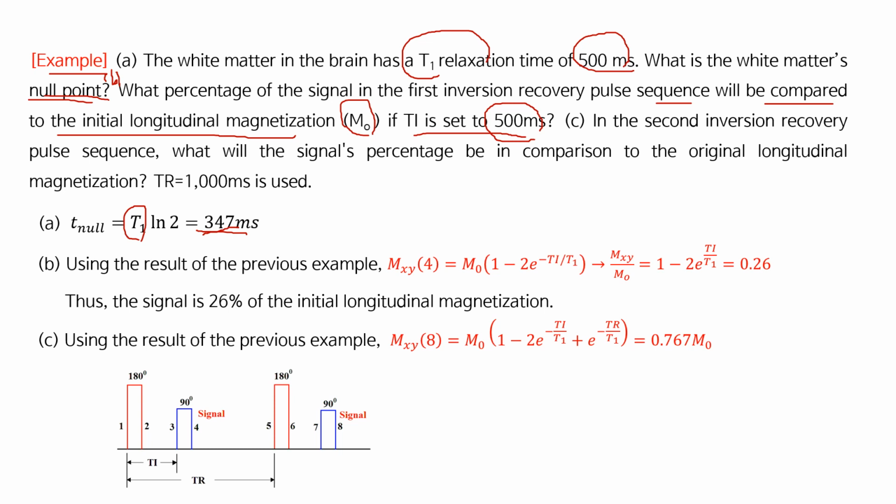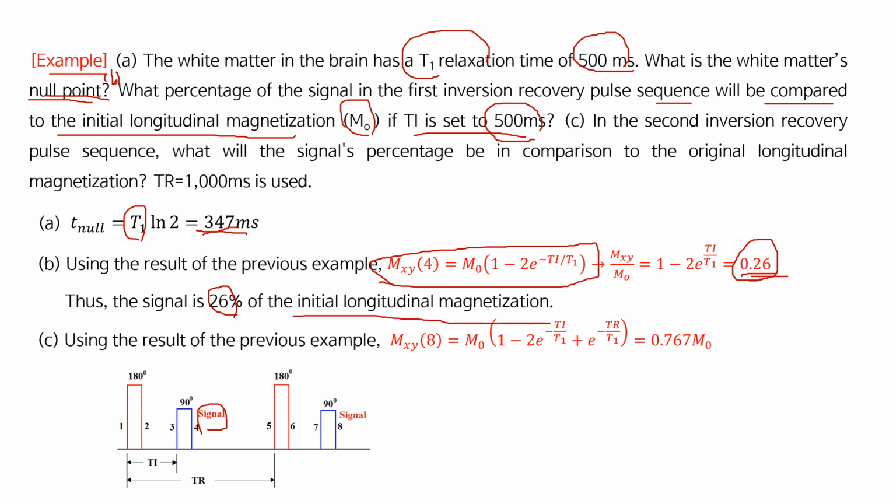We already obtained the expression, so we can use this first signal expression already obtained in the previous example. We can get 0.26. The signal is 26% of the initial longitudinal magnetization.